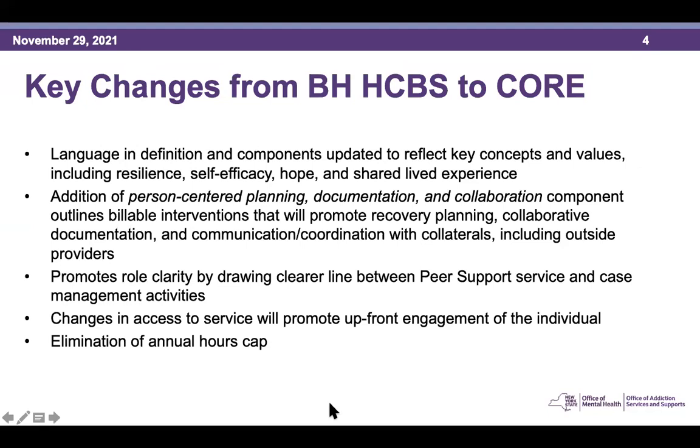We also have a new component, person-centered planning, documentation, and collaboration. This is the first component listed under peer support, and what we wanted to do here is capture the importance of person-centered planning. We wanted to show how through collaborative documentation, you can engage the individual in a meaningful process while also getting a billable service out of it. And then the collaboration piece is so important because it allows peers to collaborate with other collaterals or individuals who are identified as important to the individual.